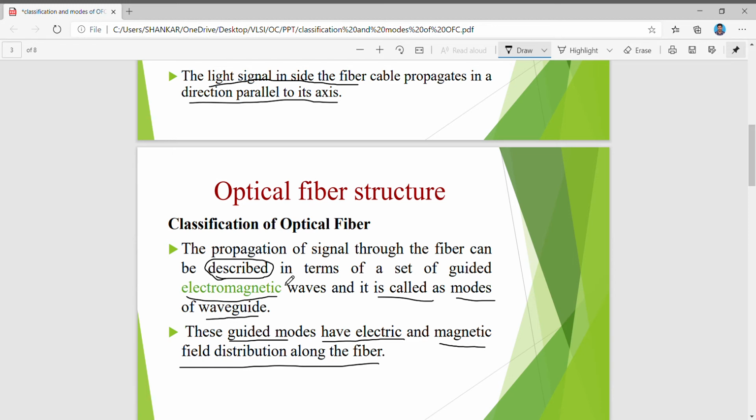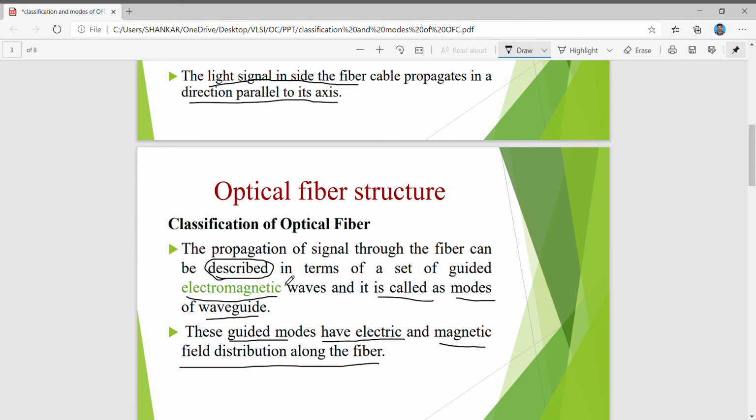It defines the way the wave travels through the waveguide, the way in which the light signal is transmitted through the fiber. It also defines how the wave is distributed in the waveguide.